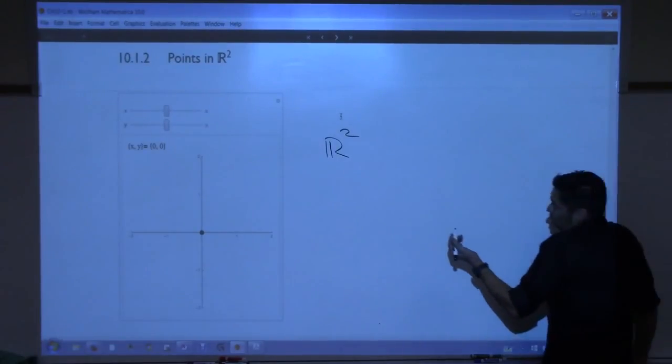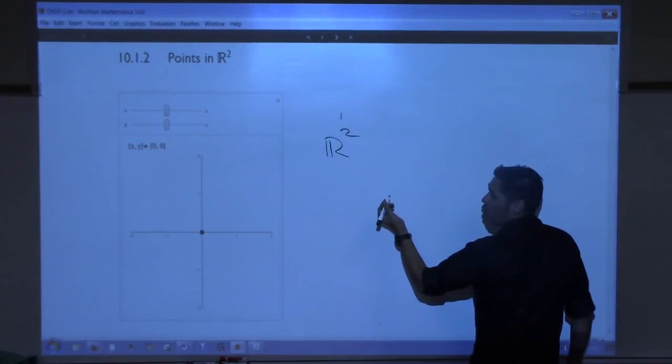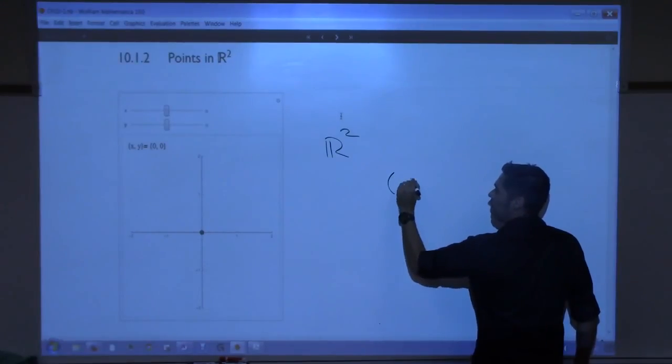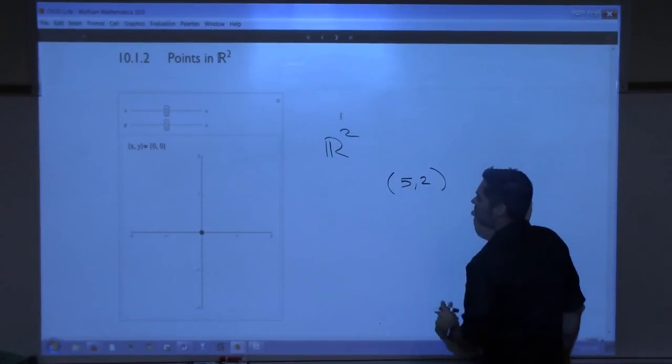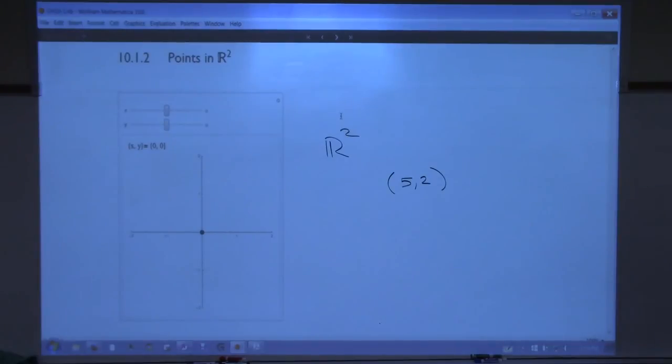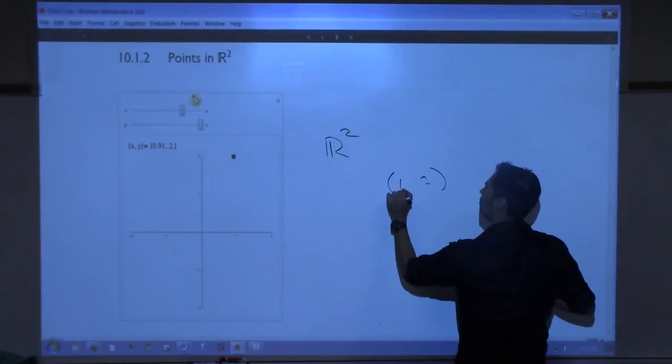So I hope we're all comfortable with what an ordered pair is, right? Ordered pair, 5, 2, something like that. That just means you move on the x-axis 5. I better change that. Let's go 1, 2. All right, means over 1, up 2.